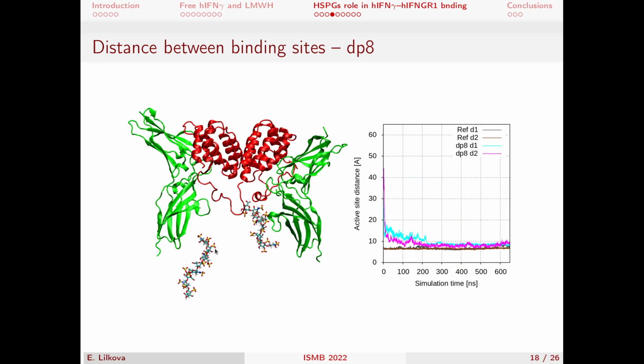If we add octasaccharides, which are experimentally known to bind with the highest affinity to human interferon gamma, these octasaccharides have higher net negative charge than the hexasaccharides, and they pull and engage the C-termini of the cytokine much more efficiently than the hexasaccharides, and they manage to pull the whole globule properly in between the receptors and provide opportunity for the globule to properly orient itself relative to the receptor, so that we observe proper formation of the cytokine receptor complex.